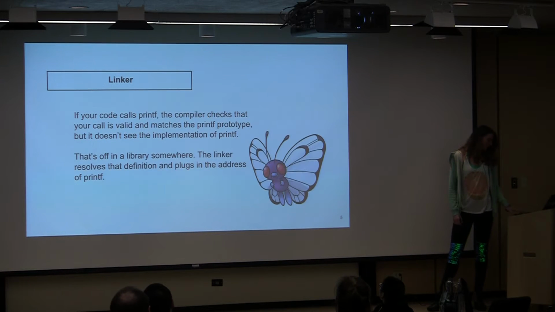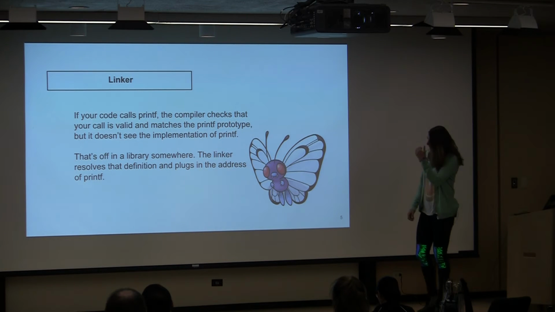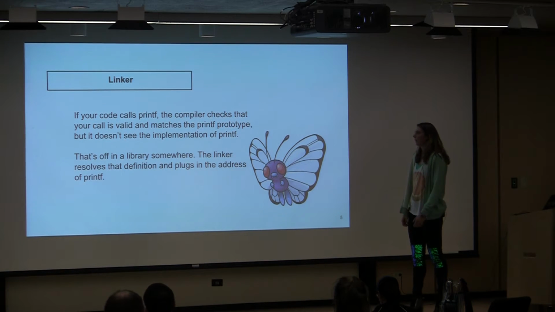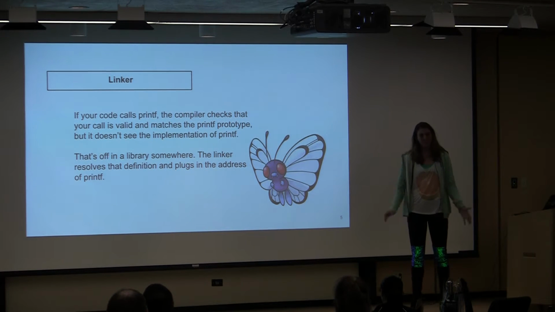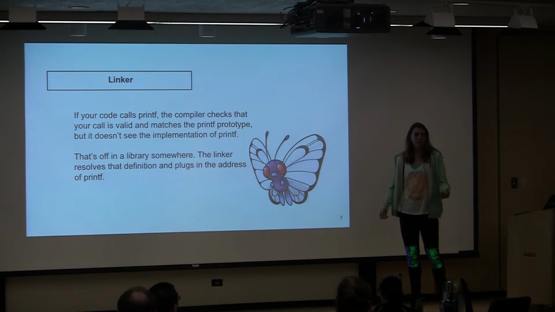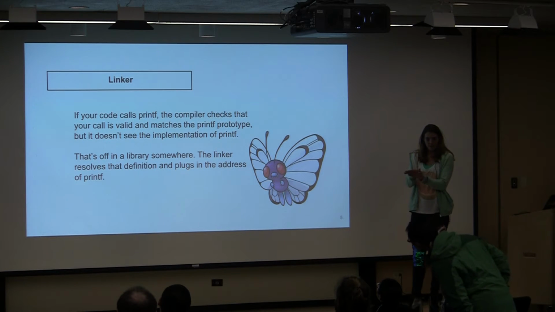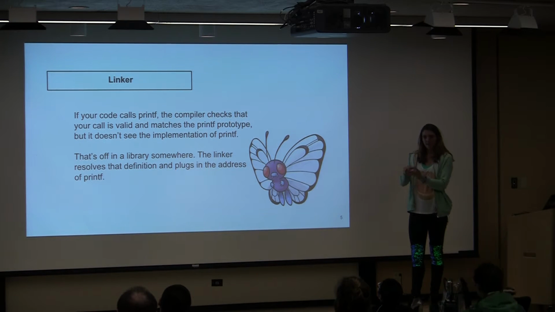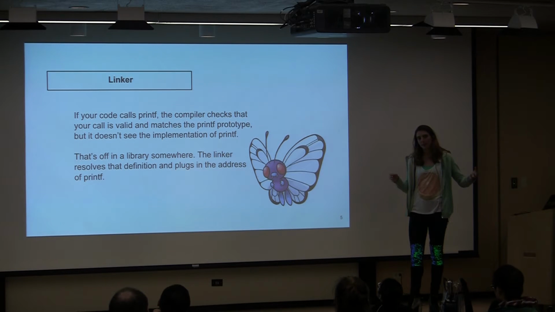And the build process will go on to the last step, which is the linker. So let's say your function calls printf. And you didn't write printf, you just put include stdio at the top of your file. So the preprocessor included the prototype for printf, then you used printf, but the actual implementation of printf is off somewhere in a standard library.